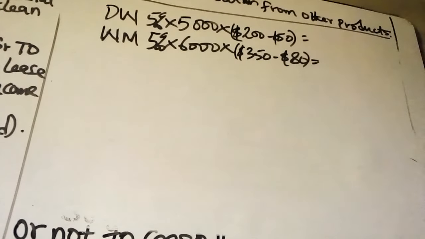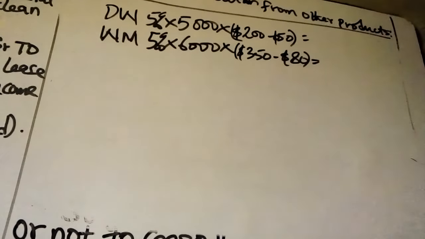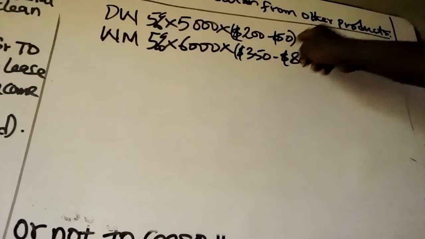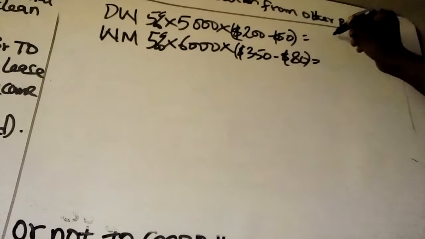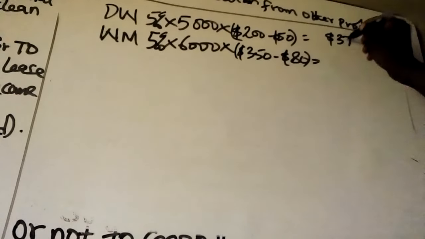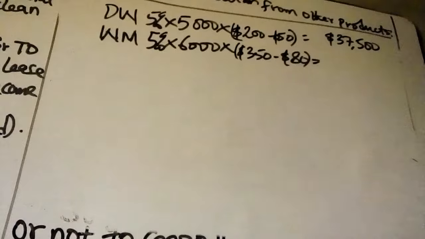The lost contribution of DW will be 5% of 5,000, that will give us 250. 250 times 150, and that will give us $37,500. That is for DW.